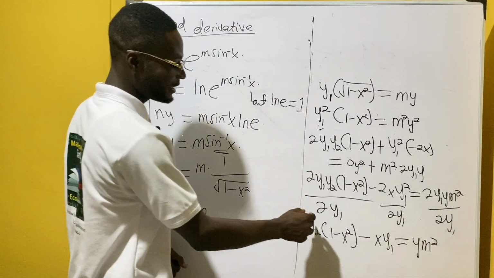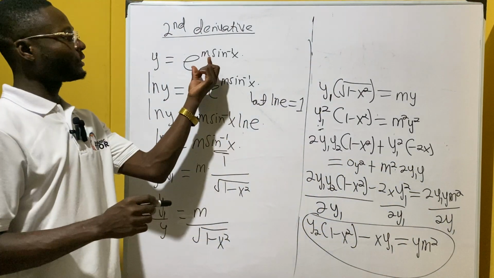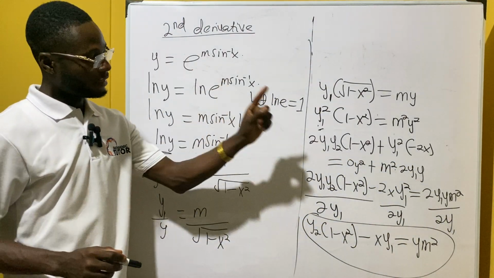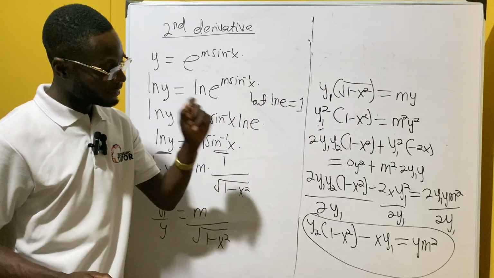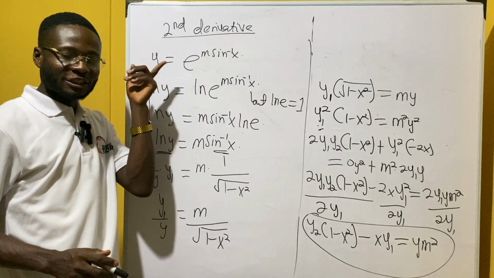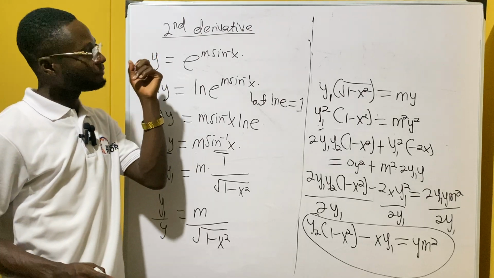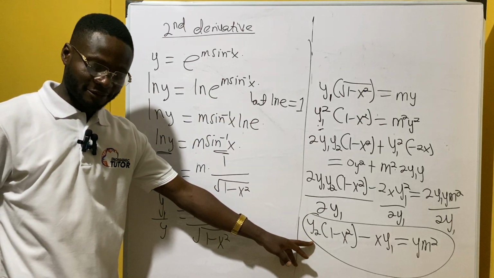So this is our second derivative of this particular function. This is the first, this is the second, because we were asked to find the second derivative of this particular function, and this is it.